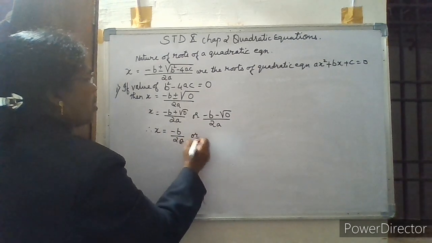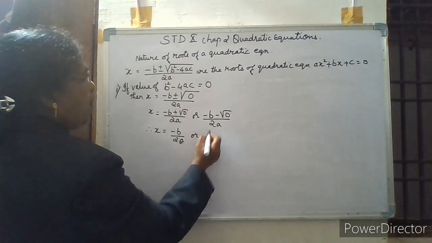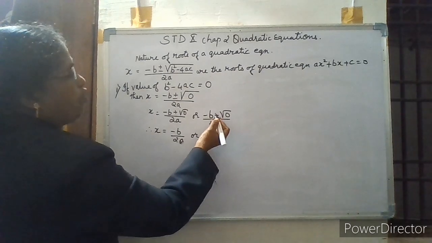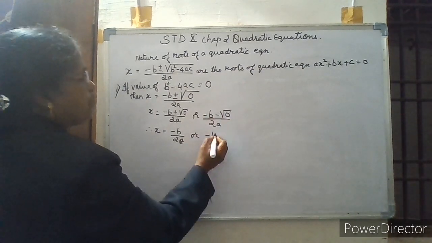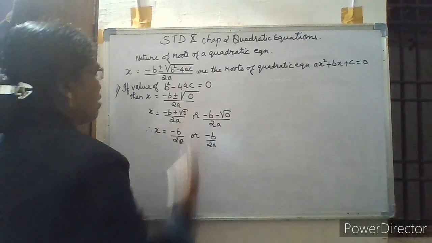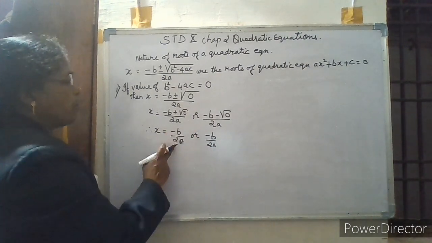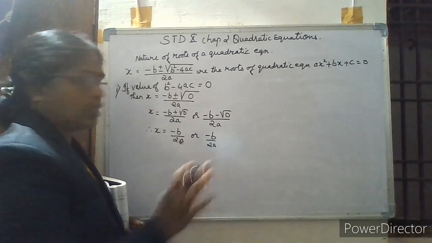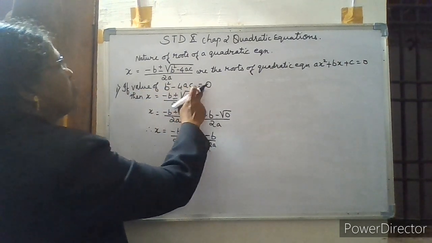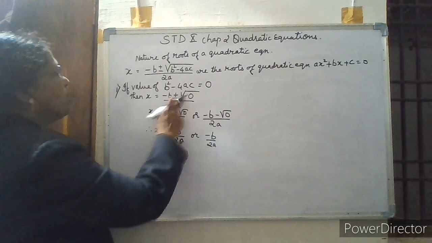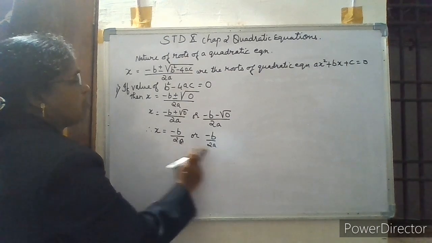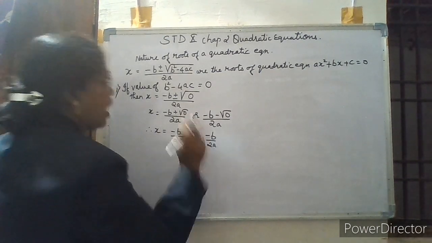Or again x is equal to minus b minus root of 0, minus 0, will give minus b only upon 2a. So we have got x value as equal to minus b upon 2a or minus b upon 2a. That means when the value of b squared minus 4ac is equal to 0, the nature of the roots is equal. It is real and equal.